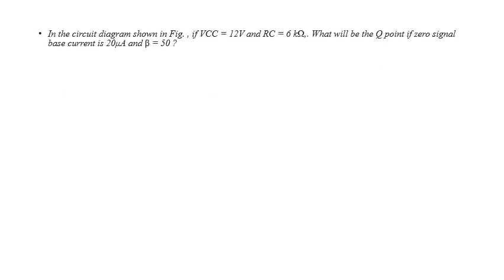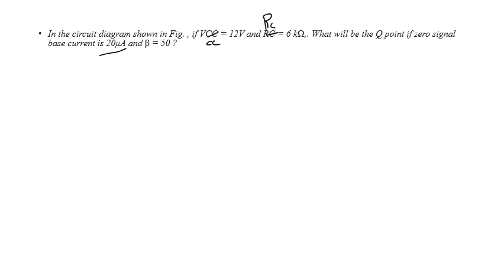Next, in the circuit given, VCC is equal to 12 volt and RC equal to 6 kilo ohm. What is the Q point if the zero signal base current is 20 microampere and beta is equal to 50?